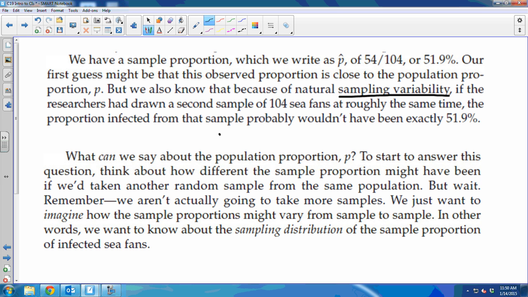So we can think about taking all those different possible samples, but again, it's not practical. So it's easy to do a simulation of all those possible samples. And to do a simulation of all those possible samples, we're going to use those ideas from a sampling distribution model. We just have some issues.